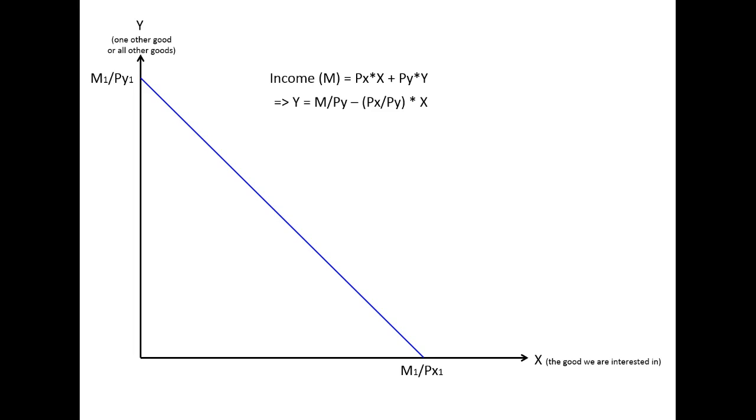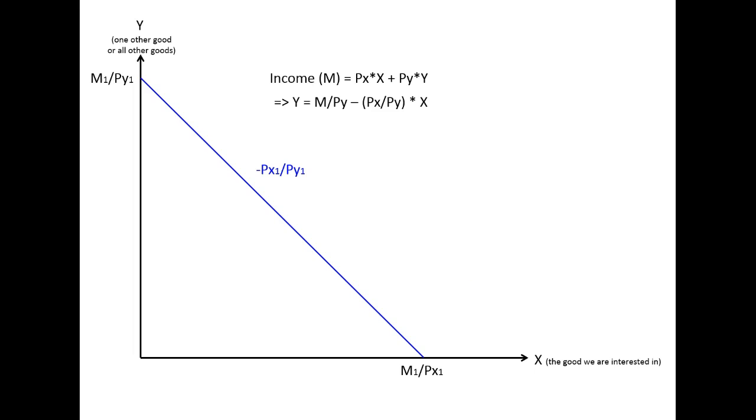So we will have this as one straight line, and this straight line will have the slope equal to the relative price, minus Px1 divided by Py1. So inside or up to this budget constraint, we have what is called the budget set, all the available bundles that this individual has the possibility to consume. But she has not enough money to consume anything outside it. So this will become like a ceiling for the consumer.